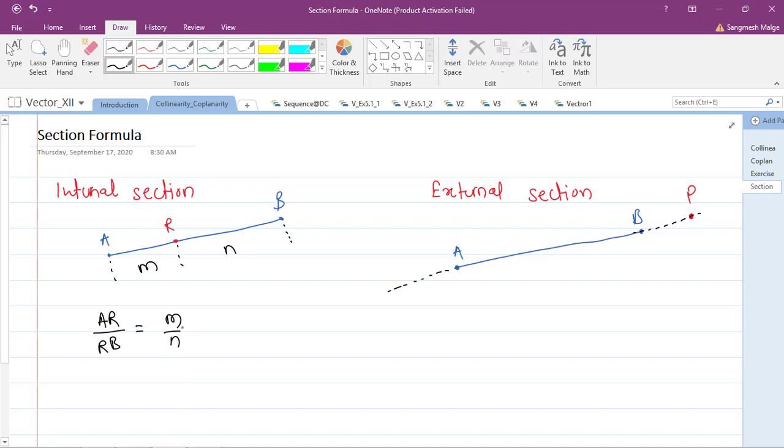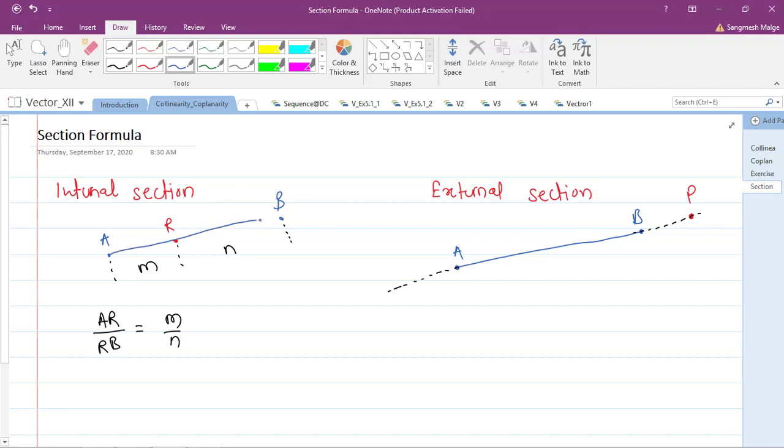AR by RB is equal to M by N. And if I change the notation and take these as vectors, then AR bar by RB bar equals M by N, that is the magnitude.